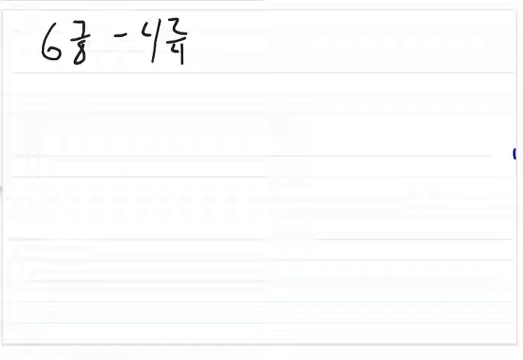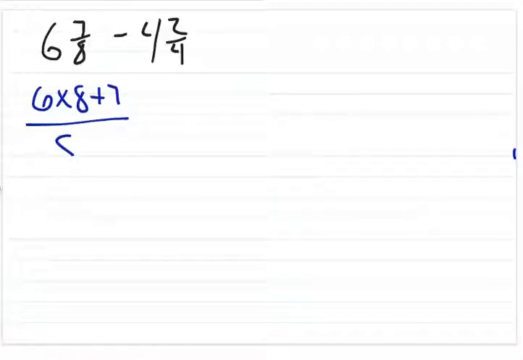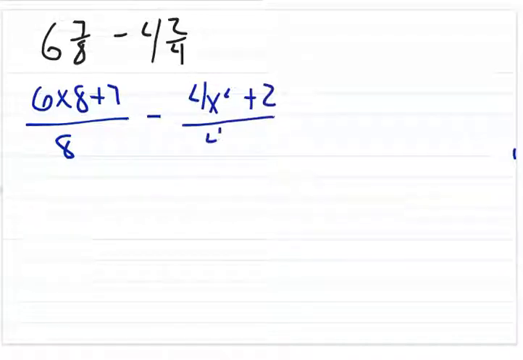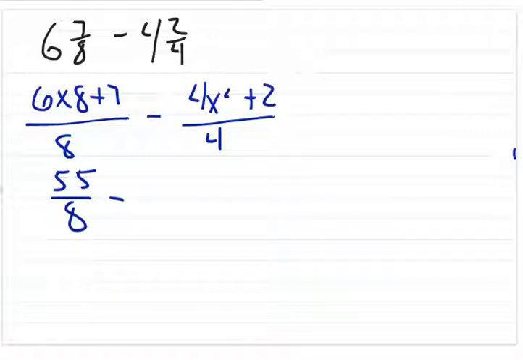So I have 6 times 8 plus 7 over 8 minus 4 times 4 plus 2 over 4. So 6 times 8 is 48, plus 7 is 55 eighths, minus 4 times 4 is 16, plus 2 is 18 fourths.